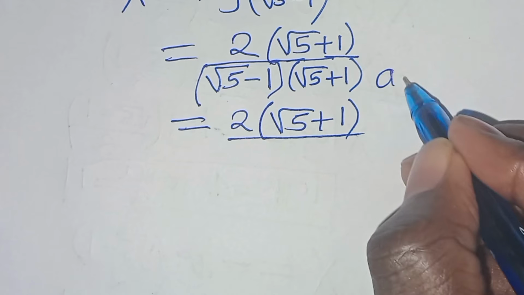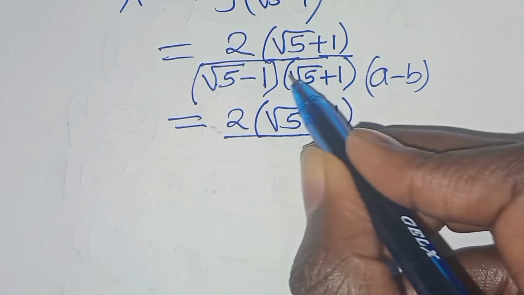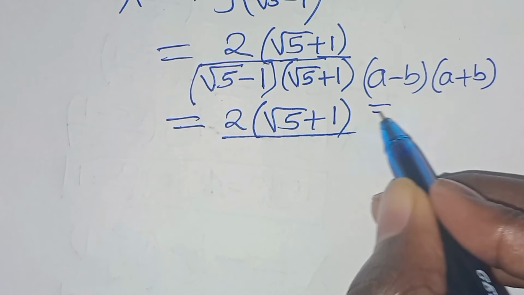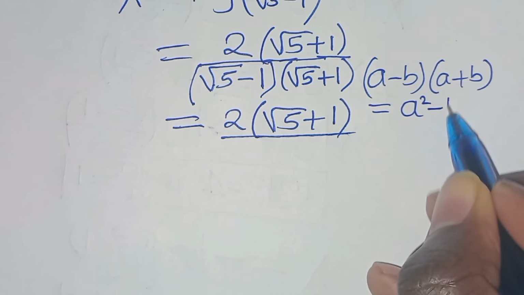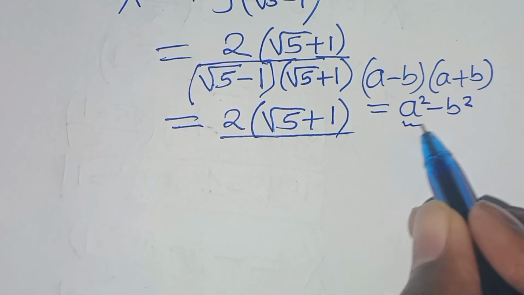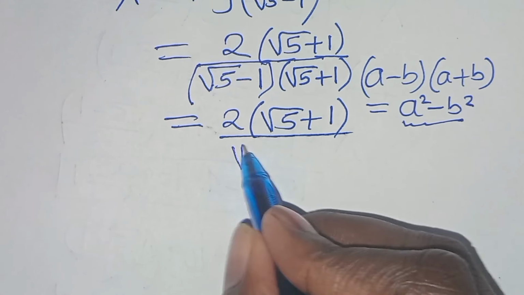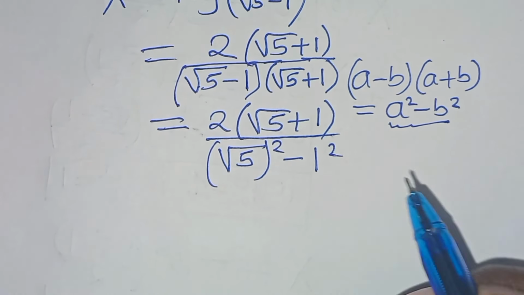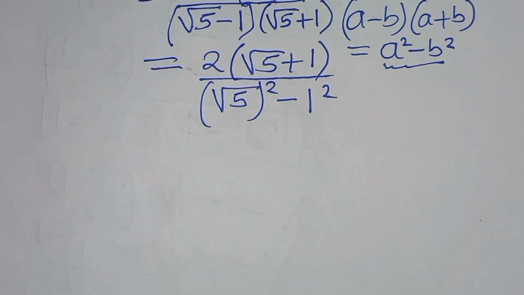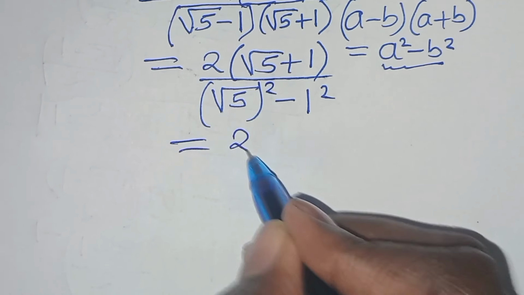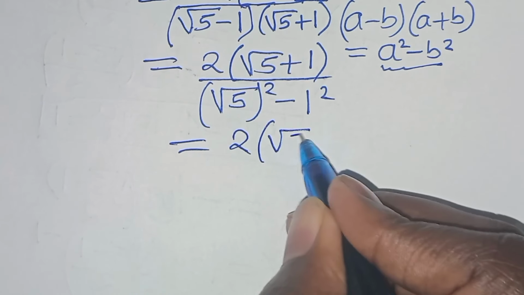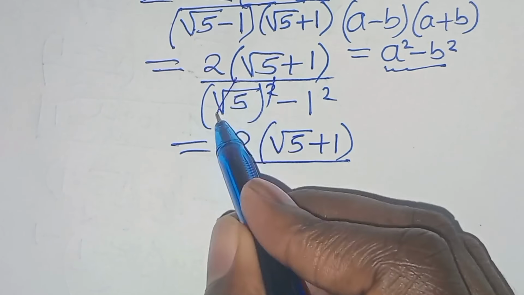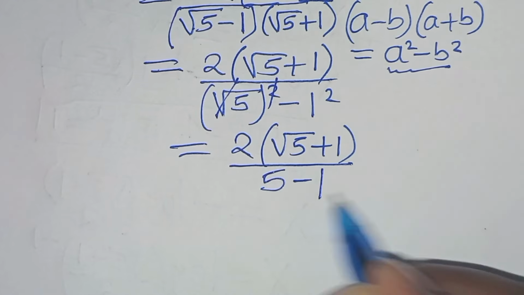This is in the form of a minus b, and square root of 5 plus 1 is a plus b. And this can be expressed as a squared minus b squared. Applying this property, here we have square root of 5 squared, subtract 1 squared. So this implies that in the numerator we have 2 times square root of 5 plus 1, divided by, here we simplify, 5 minus 1.